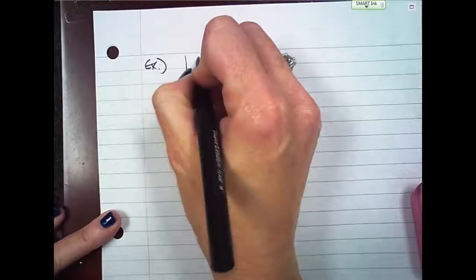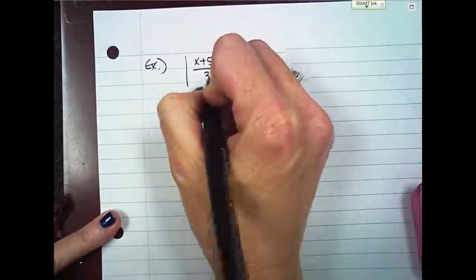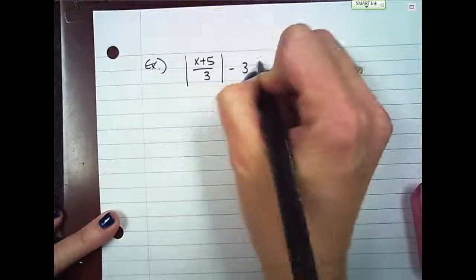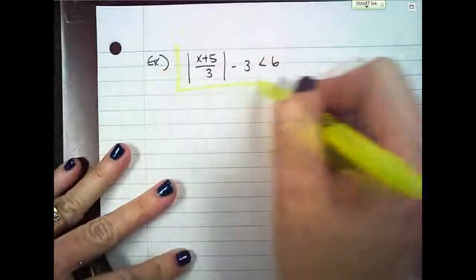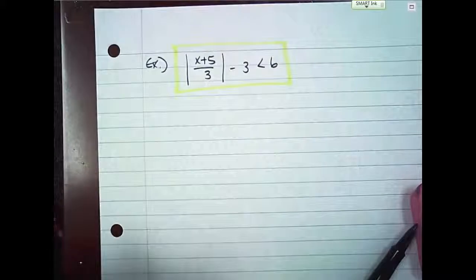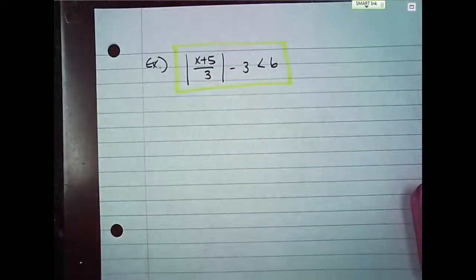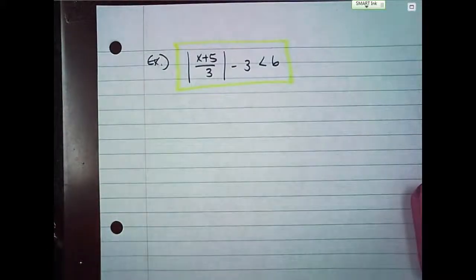There are 3 more. What's the first step? Excellent. Add 3.